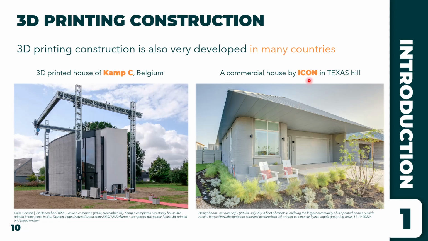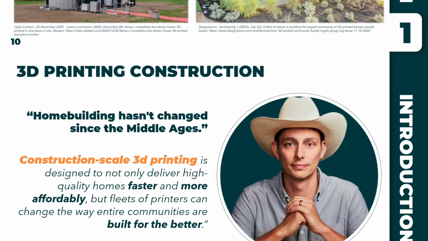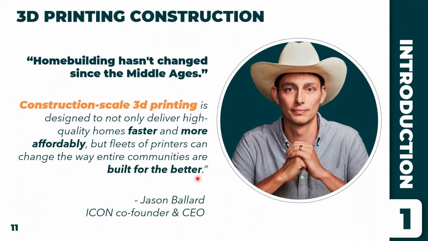Icon is one of the first companies in the world to offer a 3D printed house at the commercial level. According to Jason Ballard, the CEO and co-founder of Icon, 3D printing construction will be a way to offer higher quality and faster houses, and also more affordably. And this technology will be the build for the better.